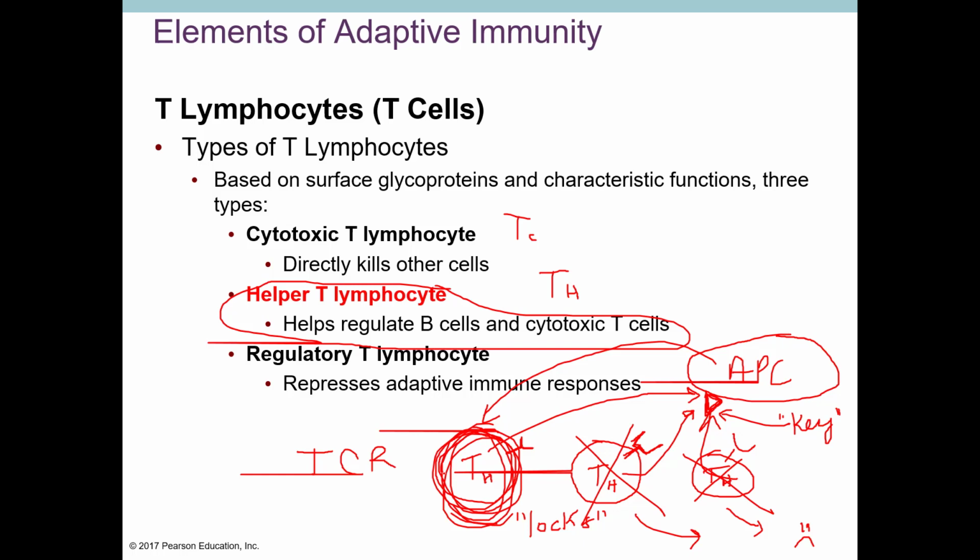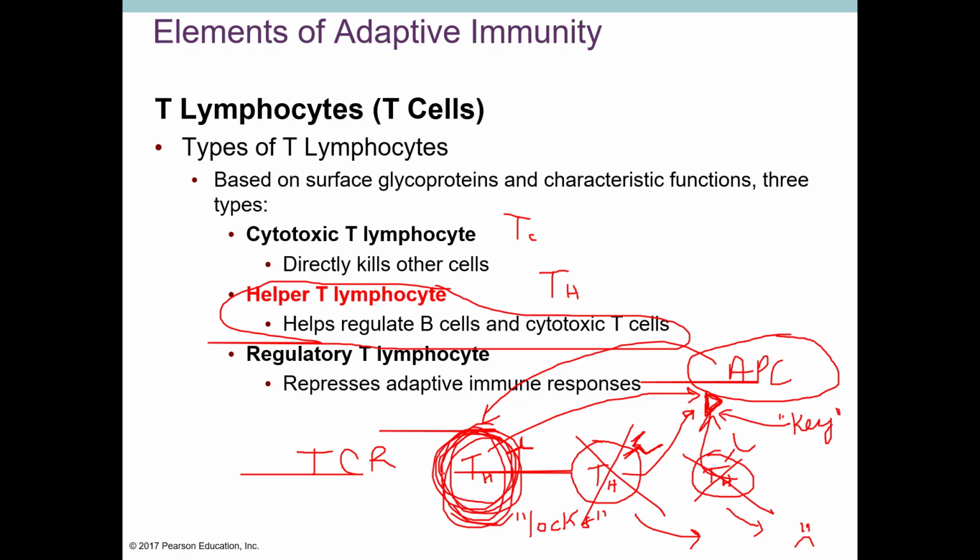So you get thousands and thousands of identical copies of this T helper cell particularly. What this means is that your body has thousands of different T helper cells, meaning thousands of different receptors, before the pathogen even comes into the body, which is really amazing.